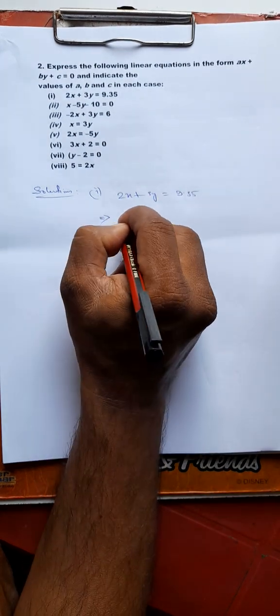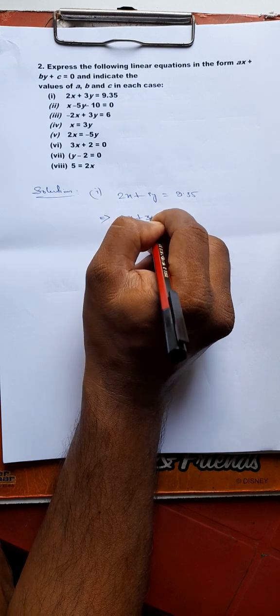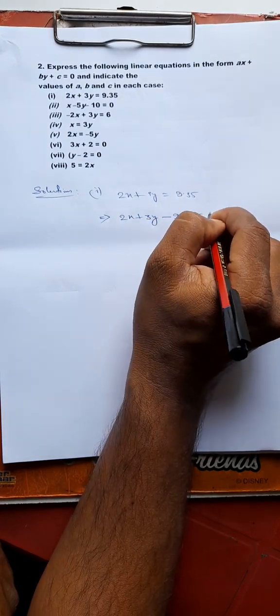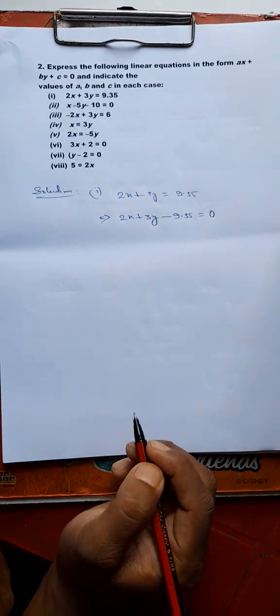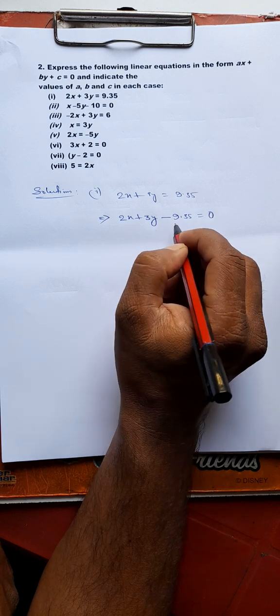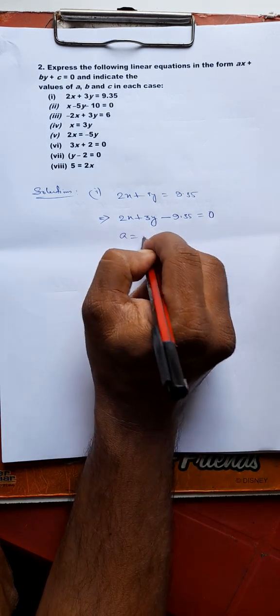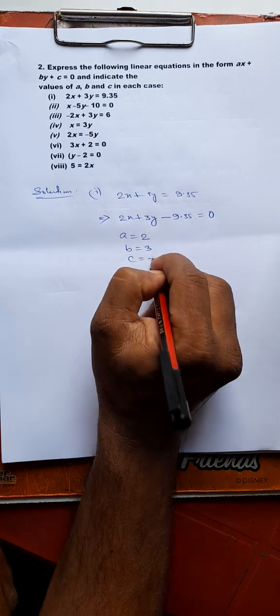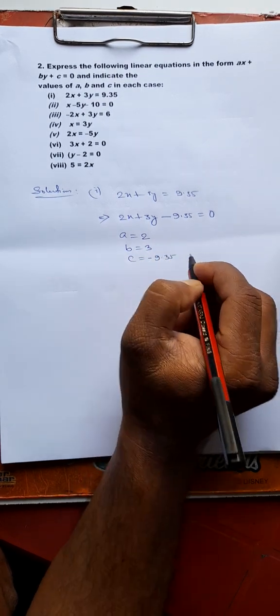This implies 2x plus 3y minus 9.35 equal to 0. Now it becomes a linear equation in two variables in the form ax plus by plus c equal to 0. A means here 2, b means here 3, c means here minus 9.35.